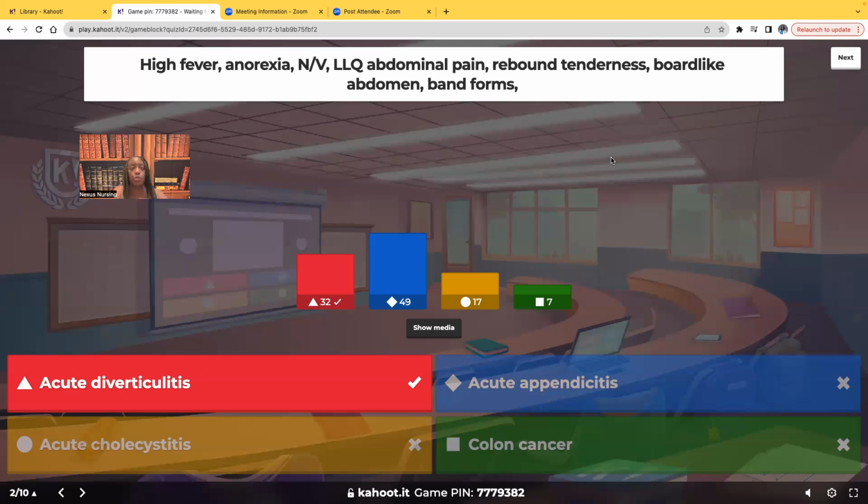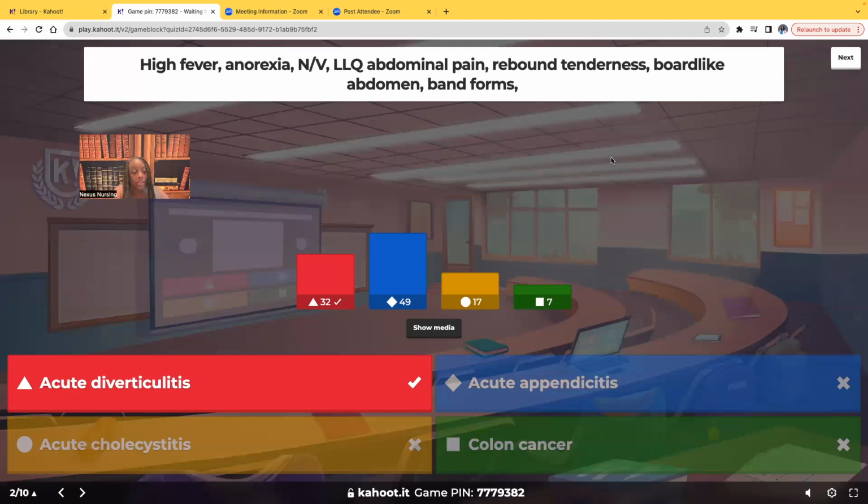And that Rovsing sign, that's when you palpate the left lower quadrant, and they may have pain in the right lower quadrant. Even though right lower quadrant pain is usually appendicitis, right? We can also see that in acute diverticulitis, that's the positive Rovsing sign.